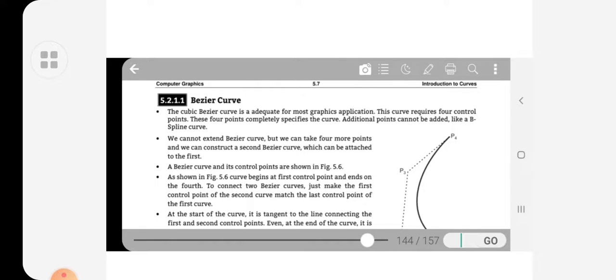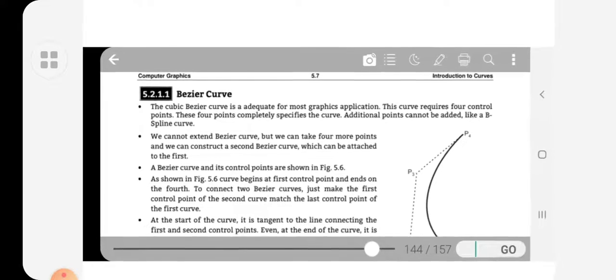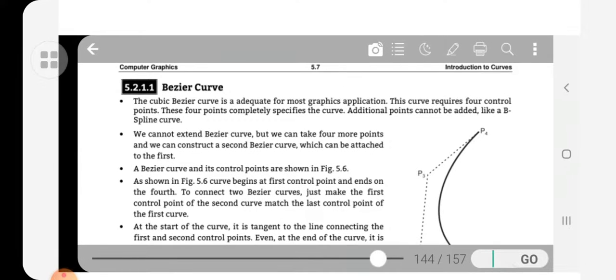The cubic Bezier curve is adequate for most graphics applications. This curve requires 4 control points. Of these 4 points, two points are connected to each other as a curve, and these 4 points completely specify the curve.